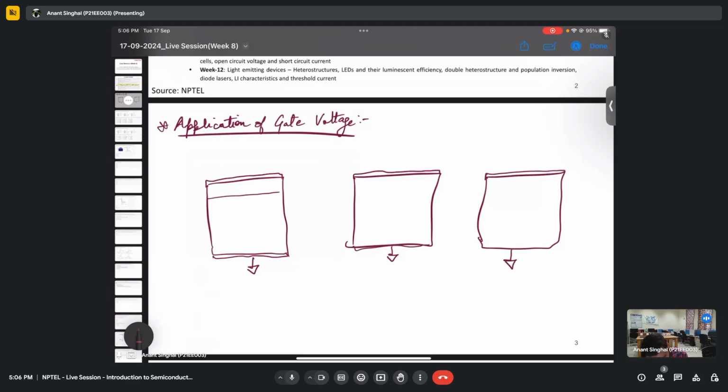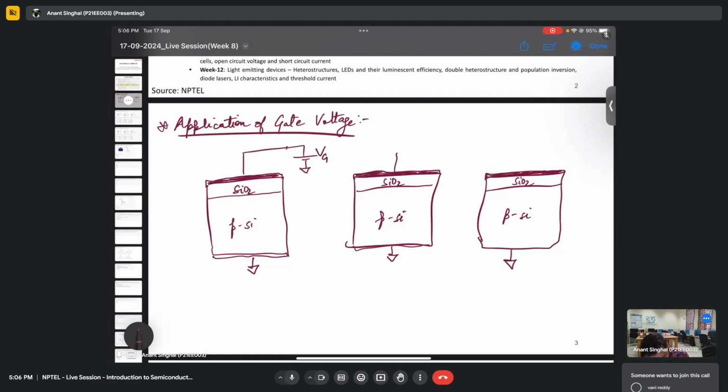And let's say I have this SiO2. So this is basically a MOS structure, because it has a metal on top, an insulator in between, that is oxide, and then we have a semiconductor, which is, let's say, a p type substrate, for example. With a p type substrate, we all know that it is an NMOS. So we took three cases. One was, we applied VG in all the MOS caps, let's say.